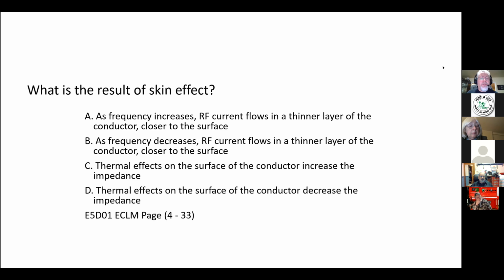C, thermal effects on the surface of the conductor increase the impedance. Or D, thermal effects on the surface of the conductor decrease the impedance. The correct answer is A. Skin effect is as the frequency increases, the RF current flows in the thinner layer of the conductor closest to the surface.